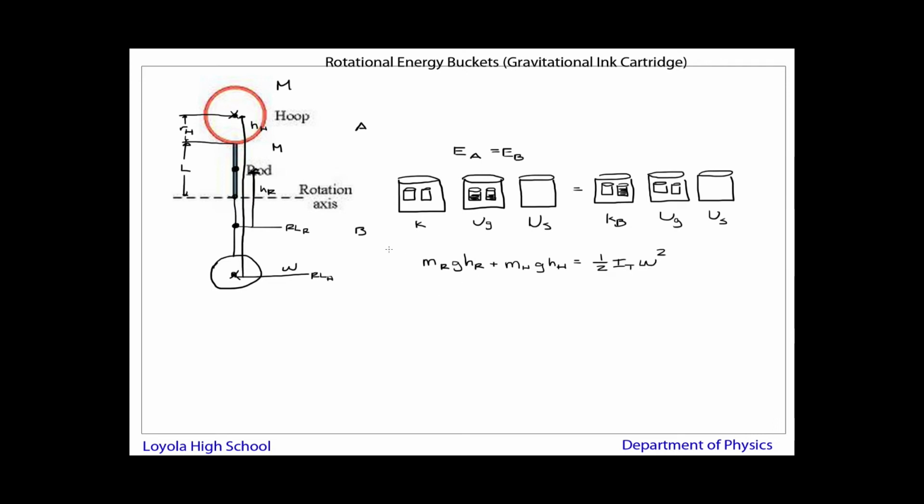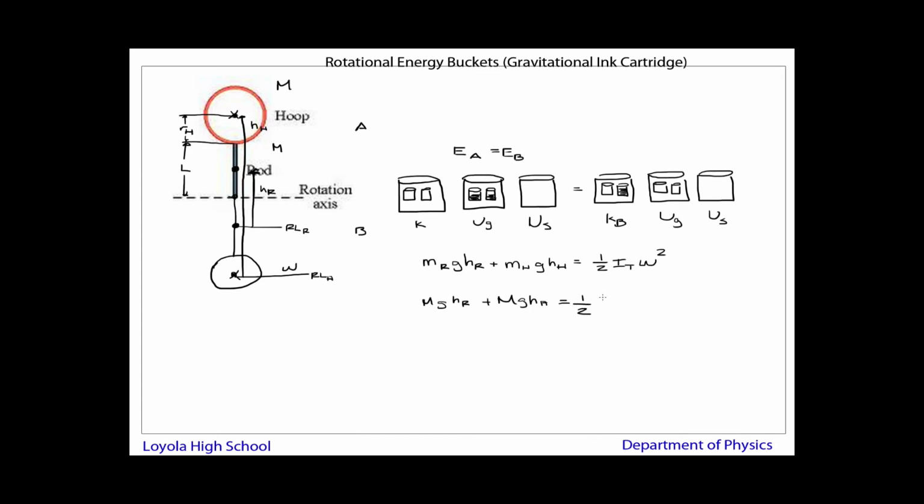So let's see here. The next step, I'll simplify some things. All the masses are the same, so the mass of the hoop and the rod are the same. We also have to figure out this rotational inertia thing. So let's go step by step here. First I'll say m g h rod plus capital M g h hoop equals 1/2.